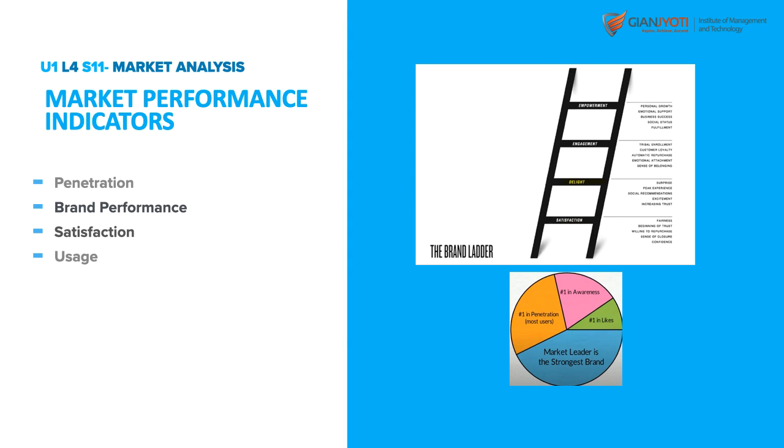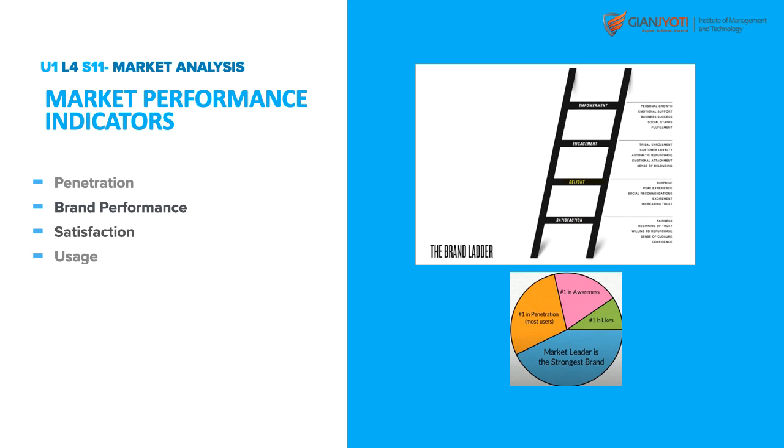So one thing very important to understand. When we talk about brand performance, there could be a brand which is number one in penetration. There could be a brand which is number one in awareness. People know about that brand. There could be a brand which has the most likes in the world.